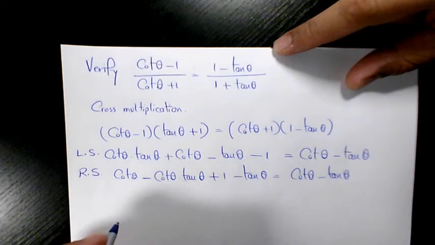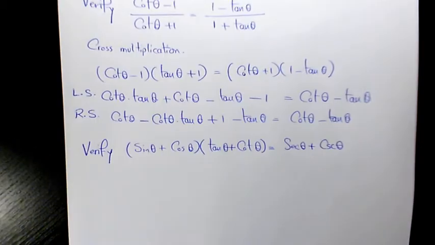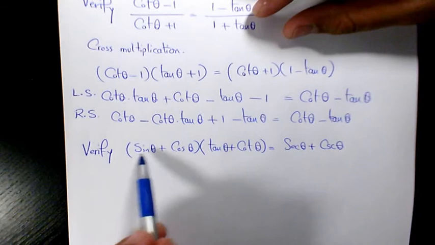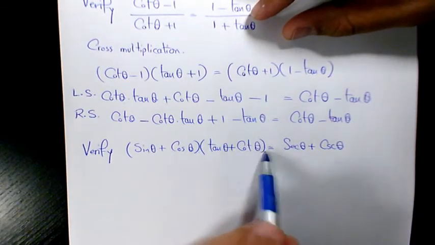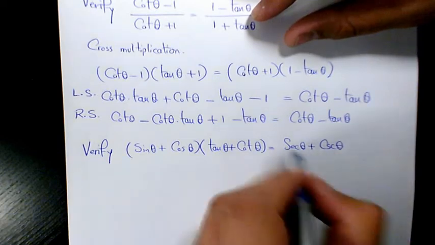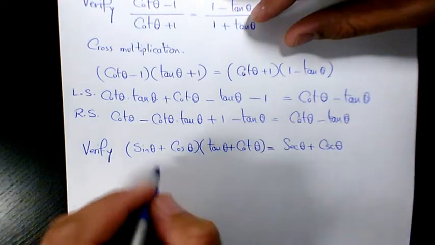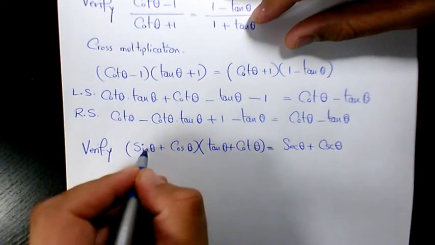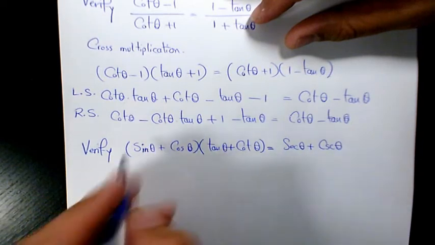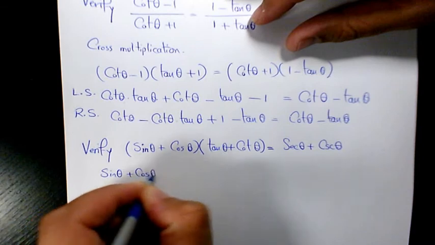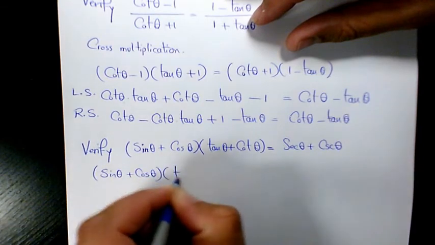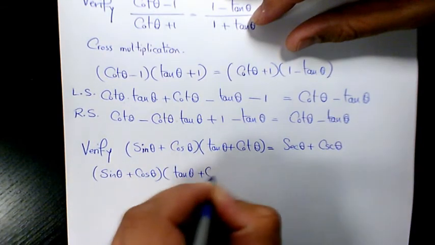So that's verified. So now in this example, it says verify sine theta plus cosine theta times tan theta plus cotan theta equals to secant theta plus cosecant theta. So in this case, we distribute sine theta plus cosine theta times tan theta plus cotan theta.